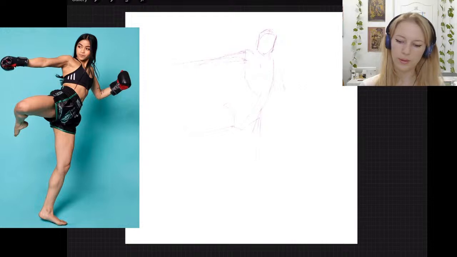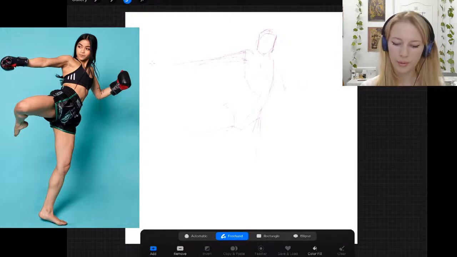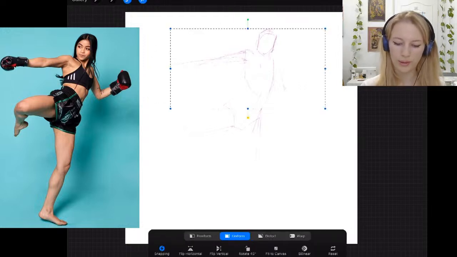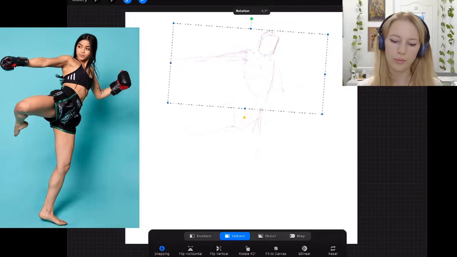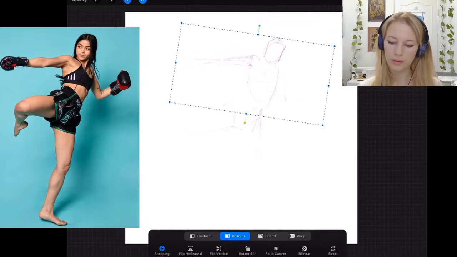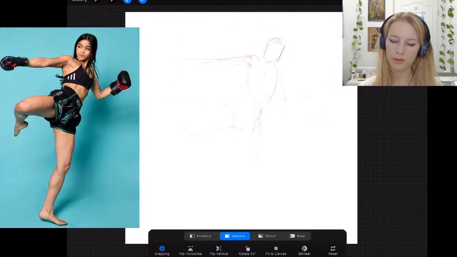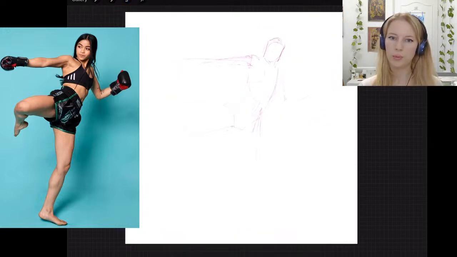Actually, that's an interesting kind of pose. I'm trying to understand where the point of gravity is. And it seems to me that it's somewhere in her belly area, more or less.